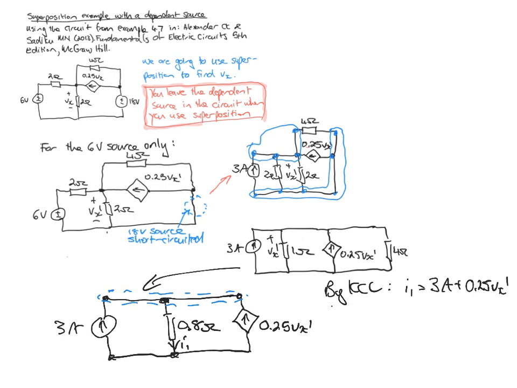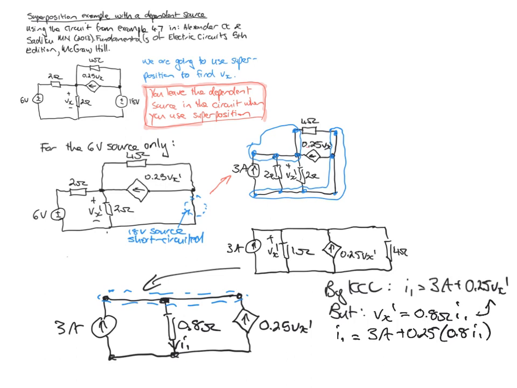But we also know by Ohm's law, Vx dashed is equal to 0.8 ohms times I1. So if we put that into that equation, we get I1 is equal to 3 amps plus 0.25 times 0.8 I1.